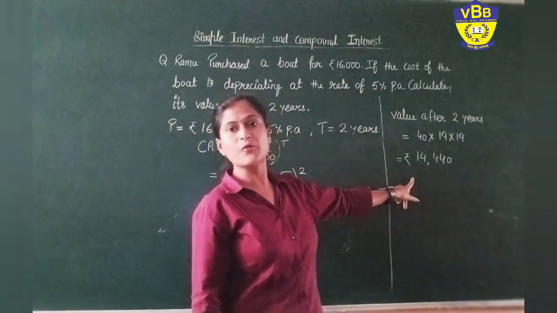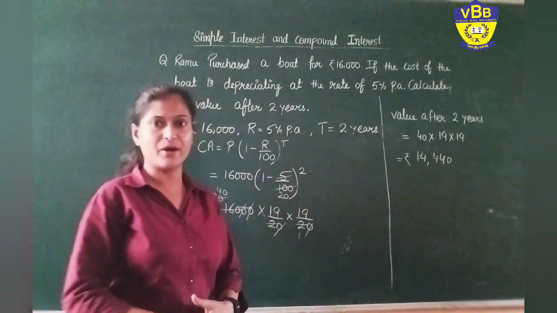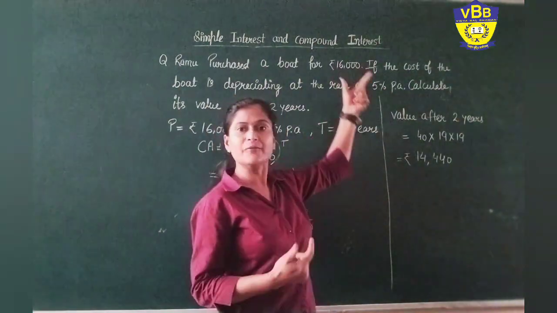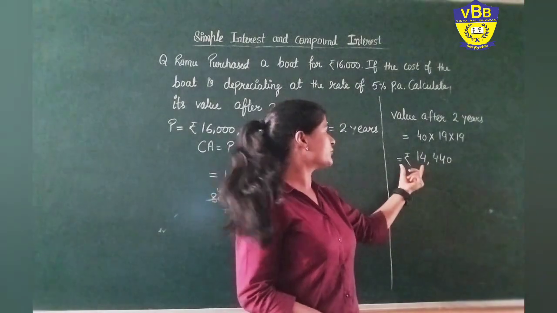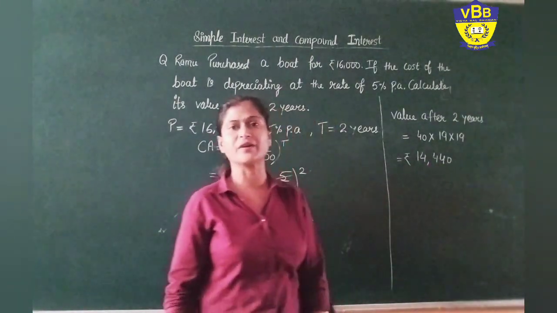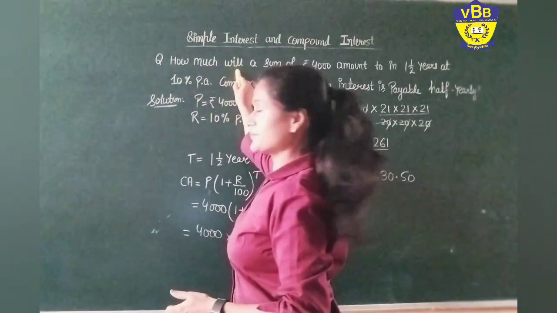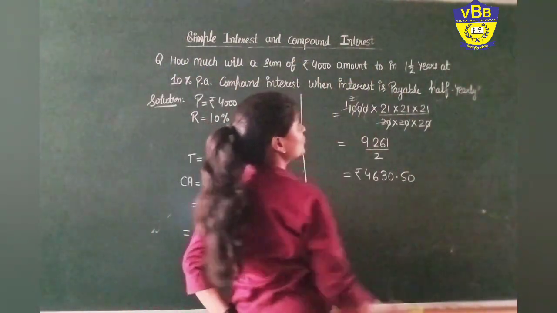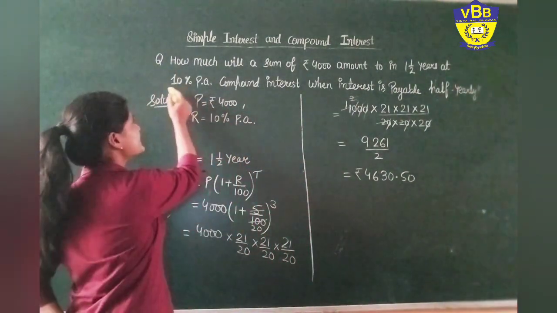We get 14,440 as the depreciated amount. The purchasing amount was 16,000. After 2 years, the value will be 14,440.